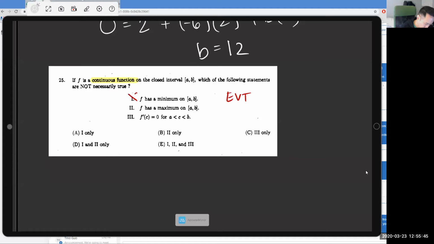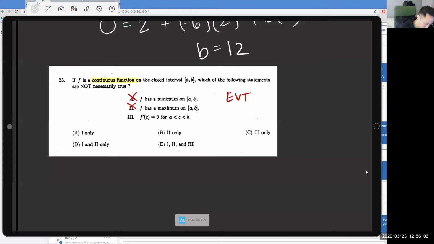So I'm going to cancel these out because they are definitely true. We're looking for what's not necessarily true. Number 3, f prime of c equals 0 for a value of c between a and b. That sounds like Rolle's theorem, a special case of the MVT, right?